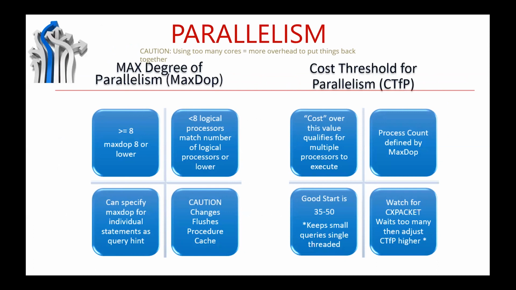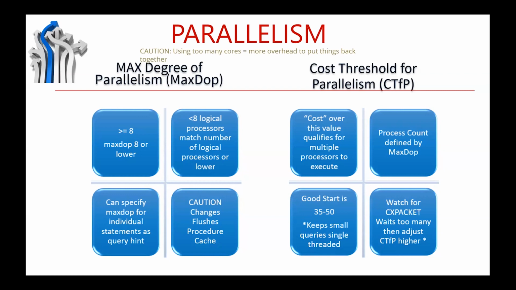In partnering with cost threshold for parallelism, it says your query needs to cost a certain amount in order to go parallel, meaning it's going to use multiple threads. By default, cost is set to 5 and max DOP is set to 0. That means a cost of 5 is going to trigger it to go parallel.